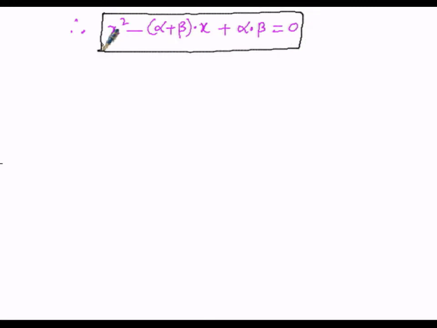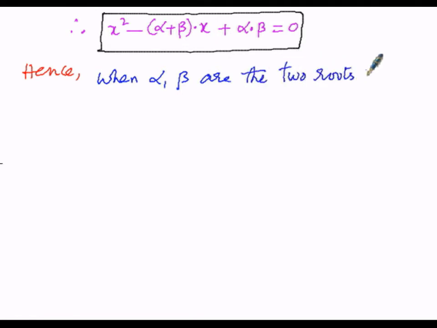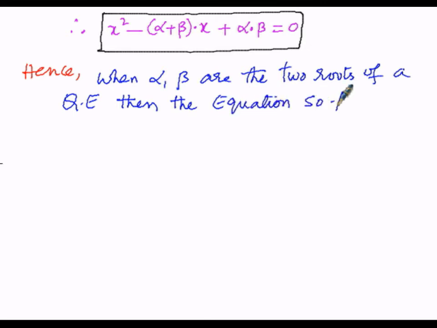So here, hence, when alpha and beta are the two roots of a quadratic equation, then the quadratic equation so formed is x square minus (alpha plus beta, that is the sum of the roots) into x plus alpha into beta, that is the product of the roots, is equal to 0.